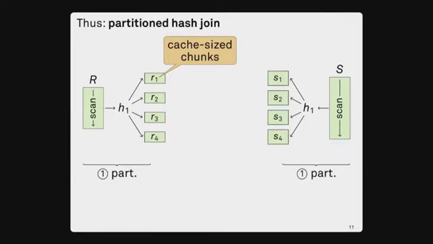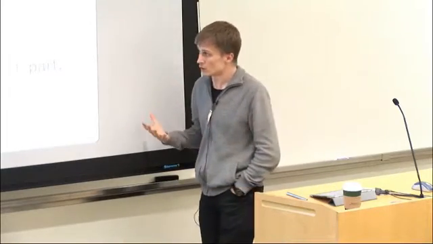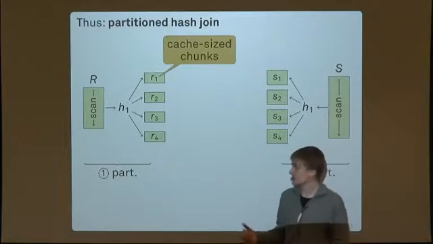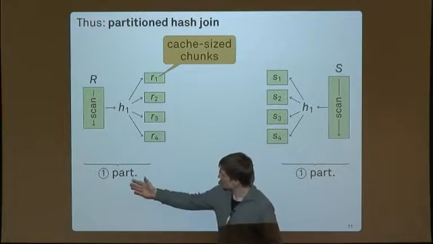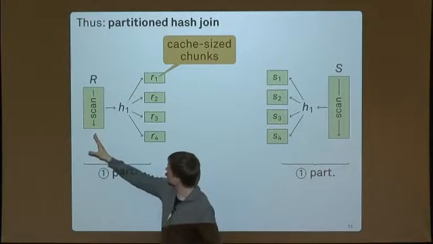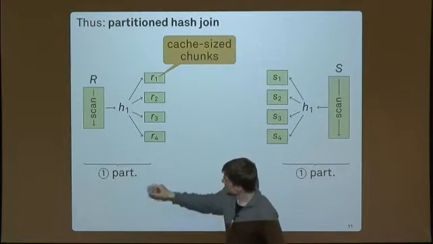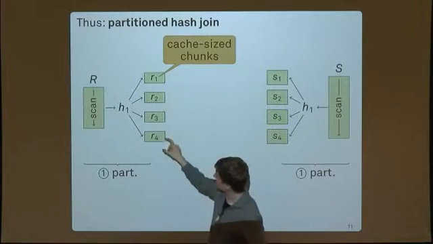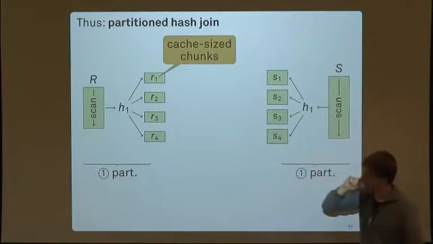People have realized that earlier. One way to avoid these many cache misses is to choose a partitioned hash join instead. So the idea there is that before you build up your hash table, you break up your problem into sub-problems. So you use hash partitioning to break up your input relation in cache-sized chunks.